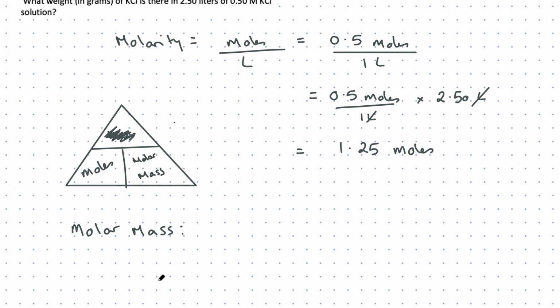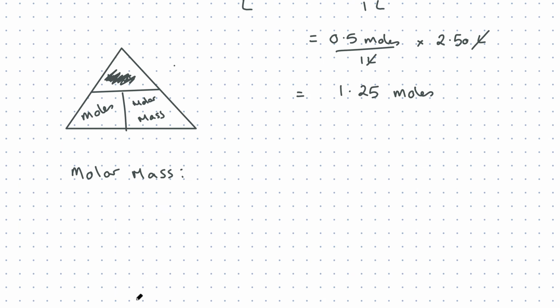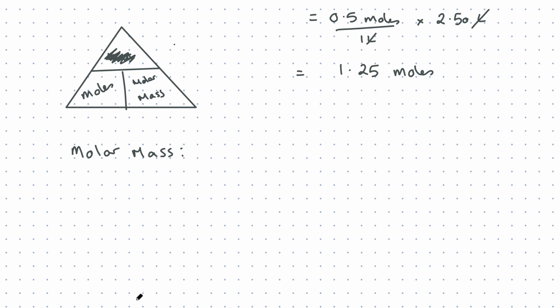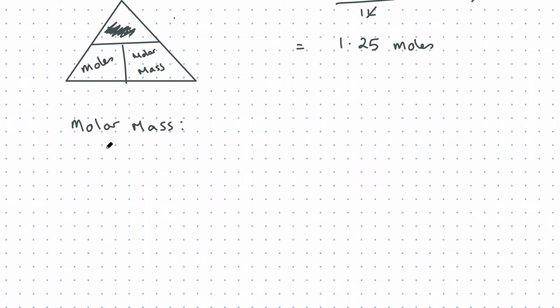So potassium chloride then. So for potassium, I have a weight of 40. So let me write out what I have first. So the formula is KCl. I'm going to have 1 by potassium plus 1 by chlorine. Chlorine is one of the ones that is so close to 35.5 that we actually don't round it up to 36.